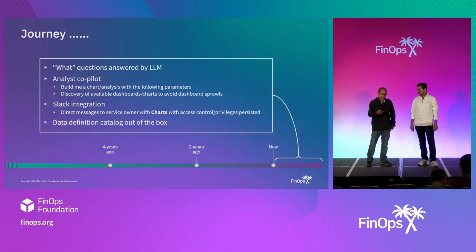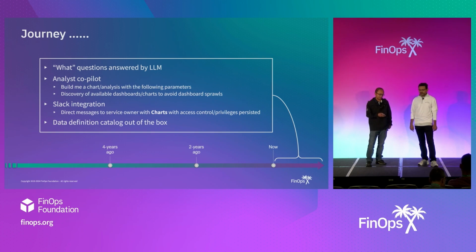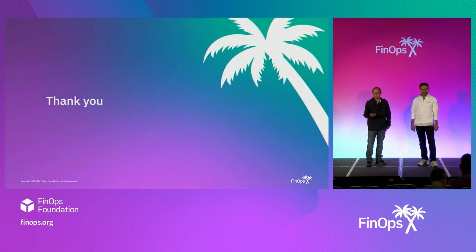We know that AI and ML are continuing to evolve in this space, but we're going to continue to improve the user experience, either by using AI, or by developing more intuitive Slack action-based integrations, or by integrating a more seamless data catalog solution. So our FinOps platform is going to continue to evolve and improve, and so is our practice. And with that, we'd be happy to take any questions.